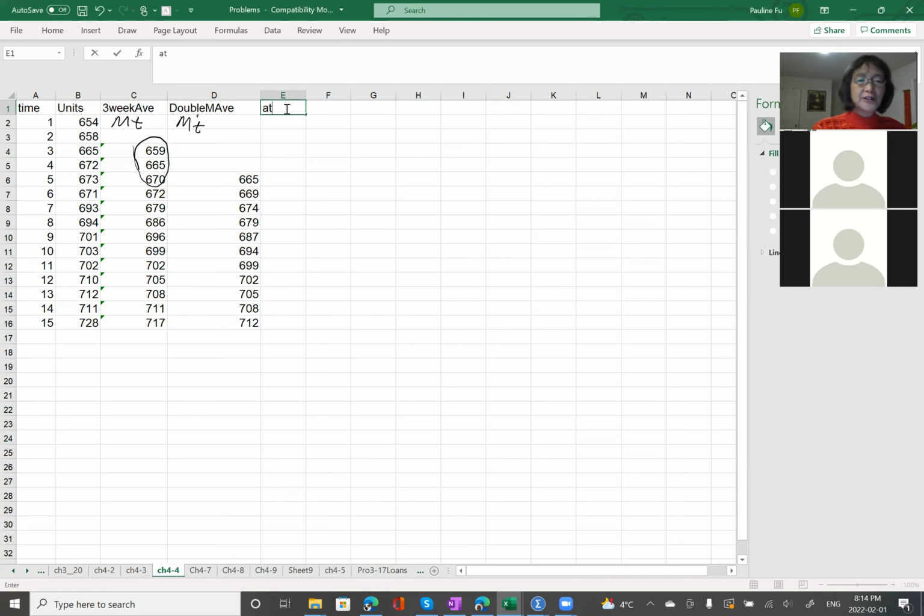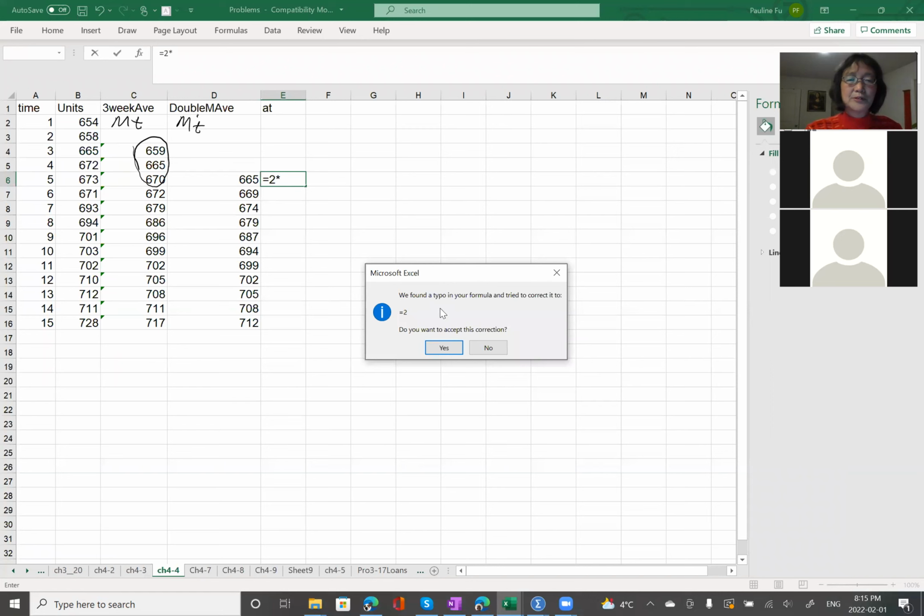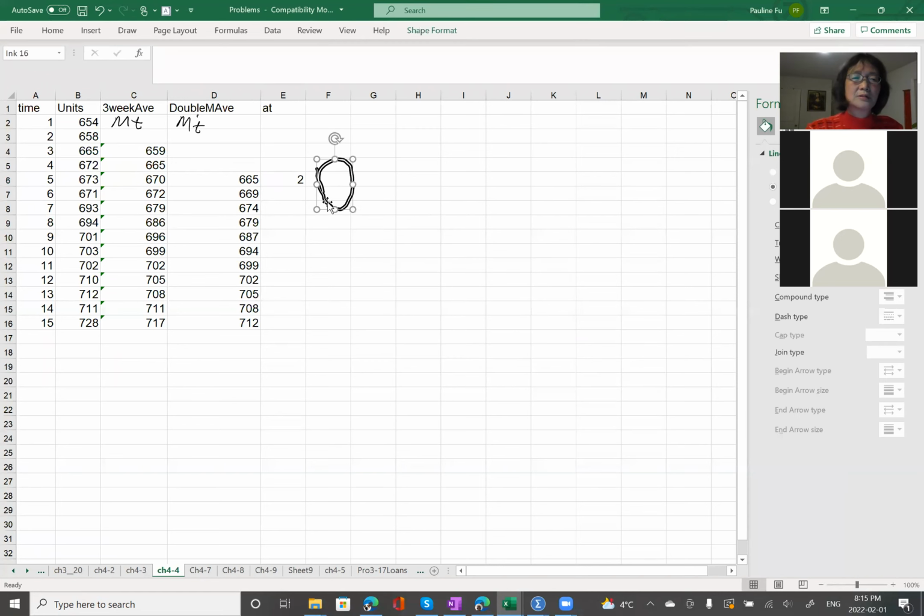Any questions so far? So the formula for AT is equal to 2MT minus MT prime.